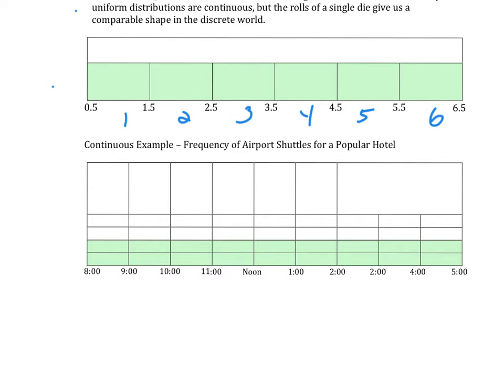Probably on a strict schedule, but it's not always the exact time. And the shuttles are going out regularly between each of those hours. And so the number of shuttles that go to the airport between 8 o'clock and 5 o'clock is approximately equal by hour. That would be a continuous example of a uniform distribution.